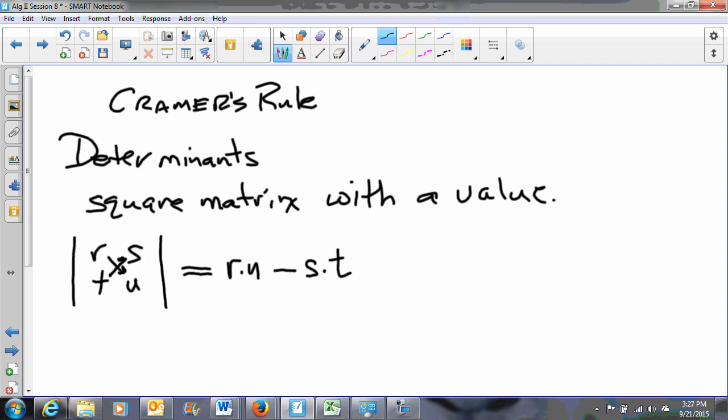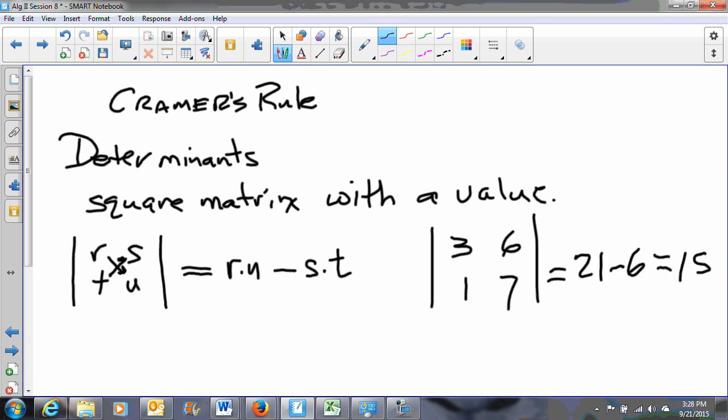R times U minus S times T. An example of that would be 3, 6, 1, 7. The value of this determinant would be 3 times 7 minus 1 times 6, or 15.